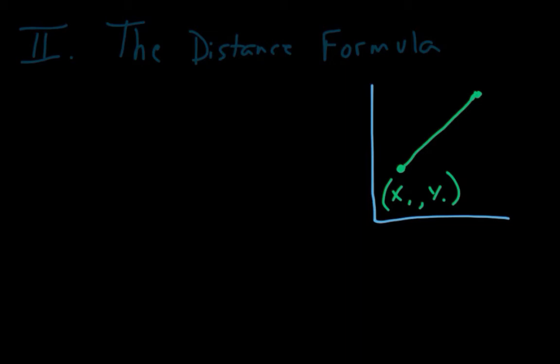And my upper point here, I'll call that my second x, so x sub 2, and my second y, y sub 2. Still with me? The distance formula is really just this. If I could take this and make it into a right triangle, you guys remember how to find the hypotenuse of a right triangle?